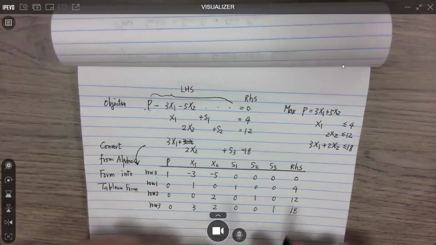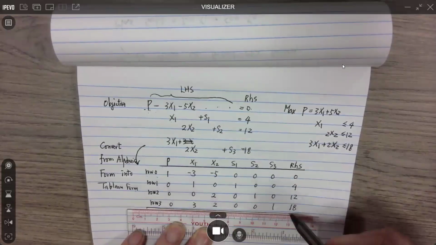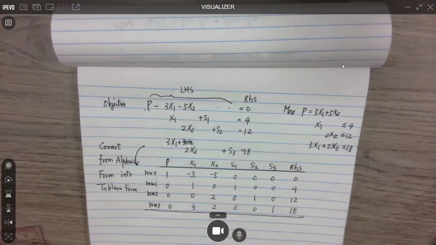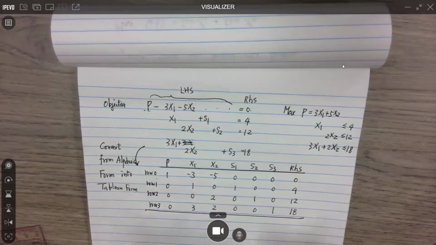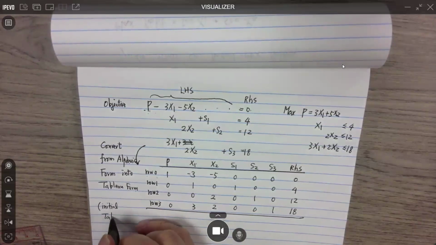And then it's done. This is what we call the initial table.